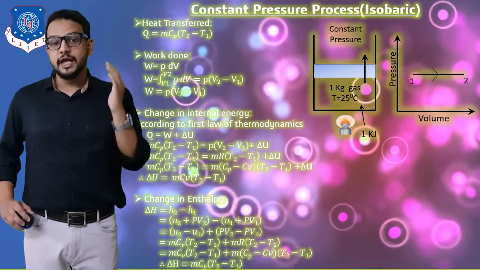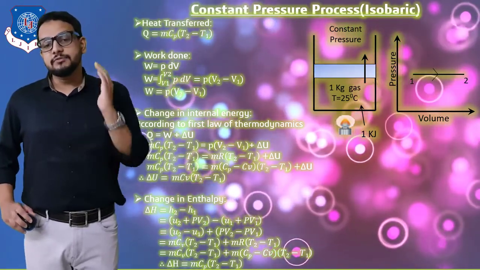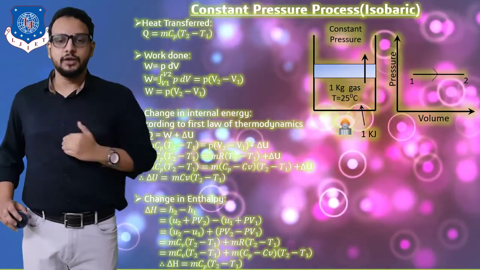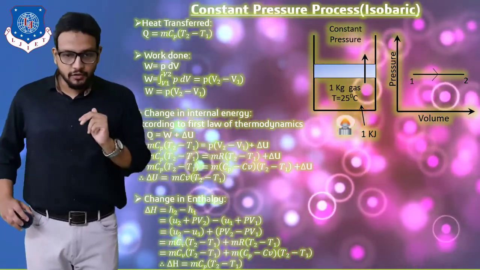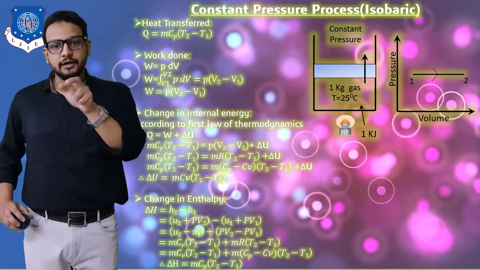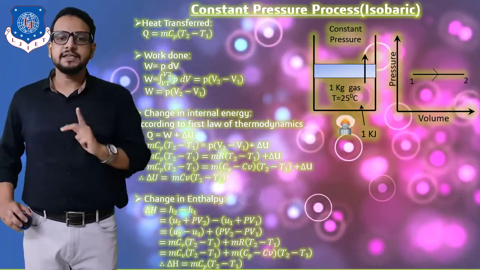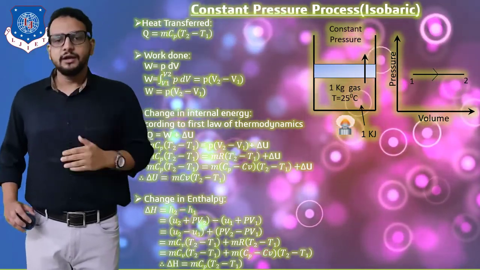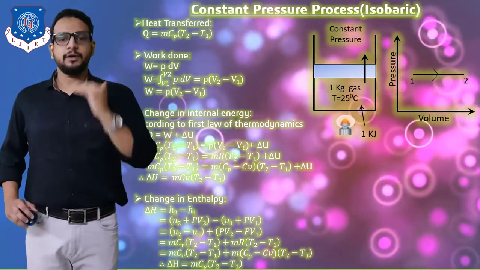So the equation becomes m Cv (T2 minus T1) plus m (Cp minus Cv) in a bracket (T2 minus T1). So if you see again carefully, the term m Cv and minus m Cv will get cancelled out. So the final equation for delta H is going to become m Cp (T2 minus T1).